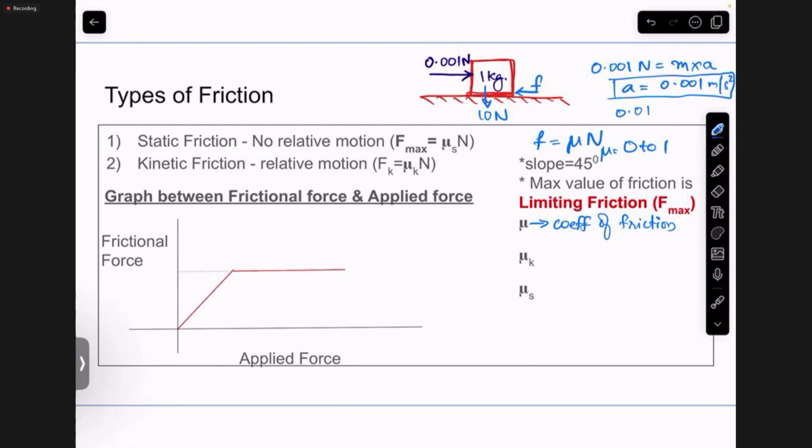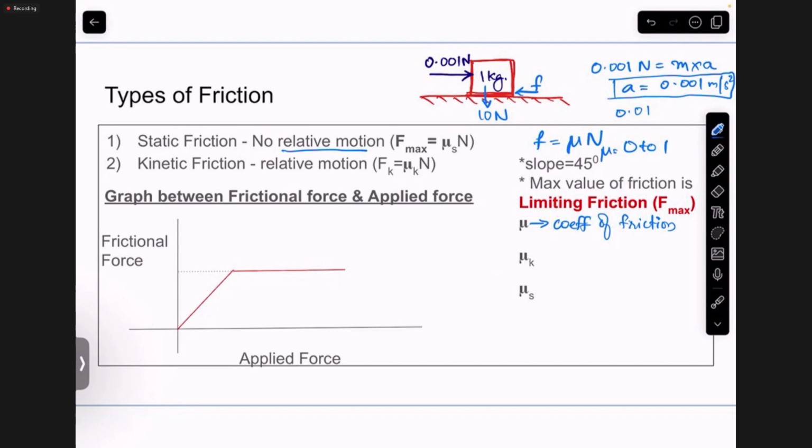Otherwise, if you breathe on a block itself, it would slide through the table, right? But it is not happening in reality. Why? Because the surface on which we are keeping this block provides this frictional force which will resist the motion. Now, static friction is when this relative motion is not there, only impending motion is there.